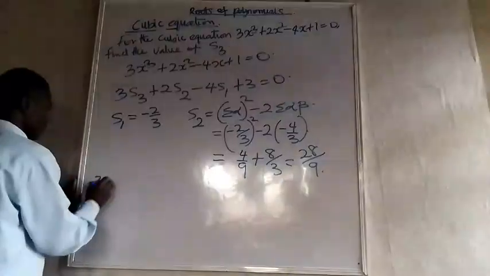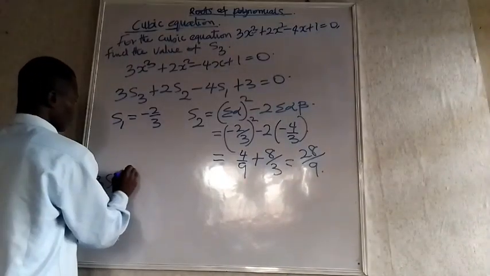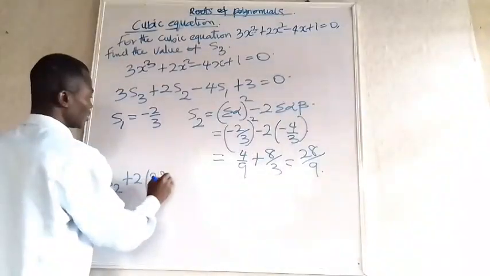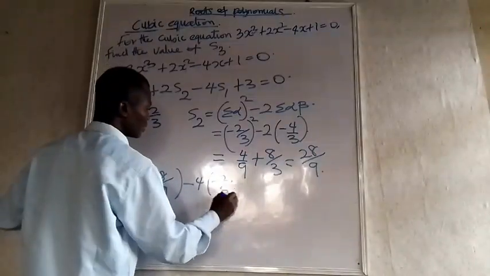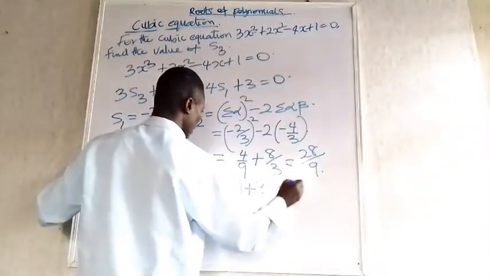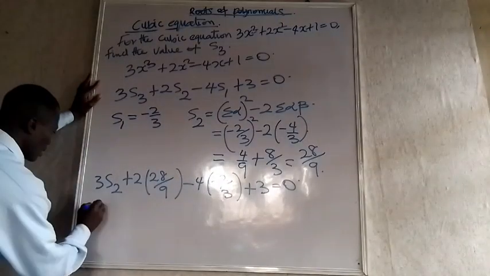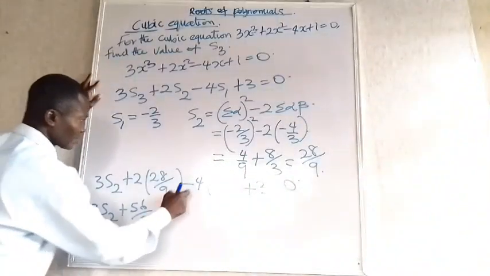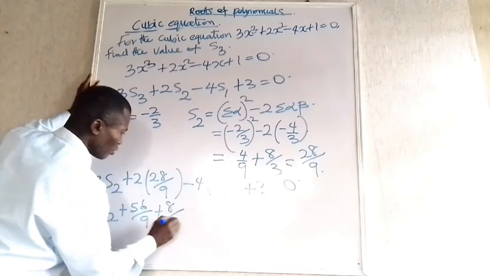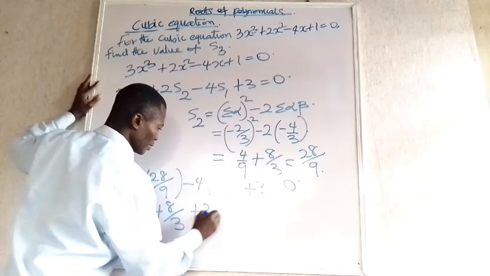Now, I will substitute these two into this equation. So I have 3s3 plus 2 into 28 over 9 minus 4 into minus 2 over 3 plus 3 equals 0. So this is 3s3 plus 56 over 9 plus 8 over 3 plus 3 equals 0.